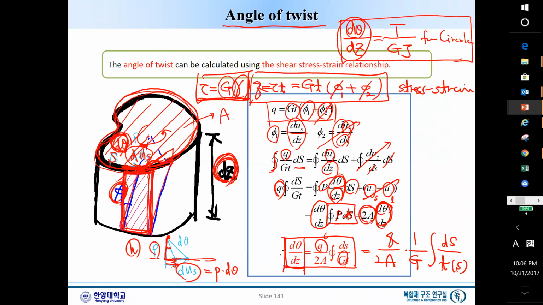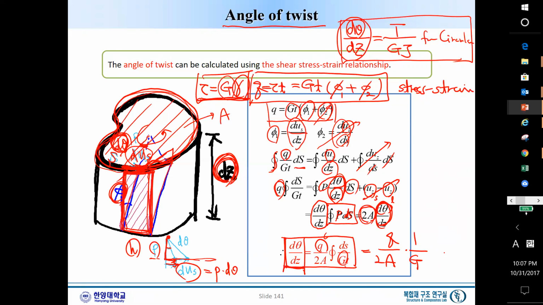Okay, so if the material property is a constant, it can be taken out of the integration, but the thickness t is still a function of s, so we have to integrate. If even t is a constant, this equation will be further simplified.